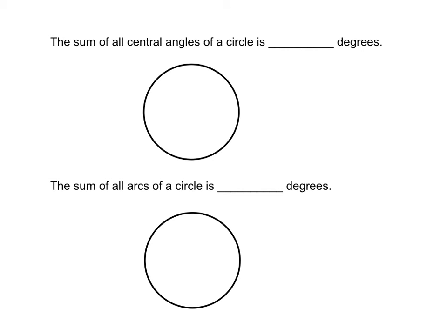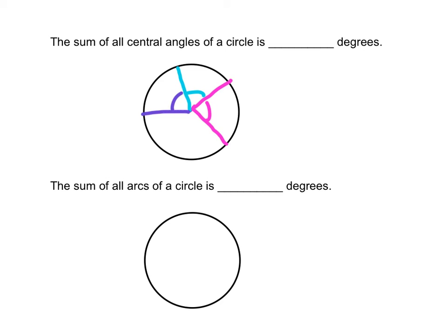Alright, so this next slide says the sum of all central angles of a circle is how many degrees? So let's look at what we're talking about. Here's the center of our circle. If I were to draw in central angles, so let's say here's a central angle. Well, here's another one, and here's another one.